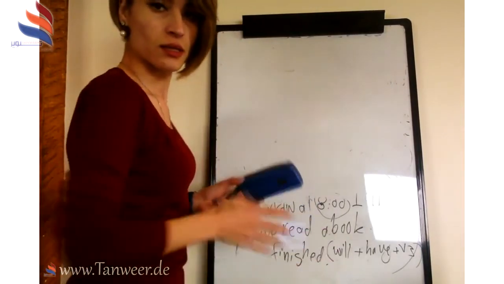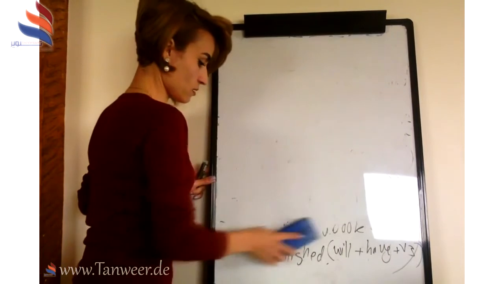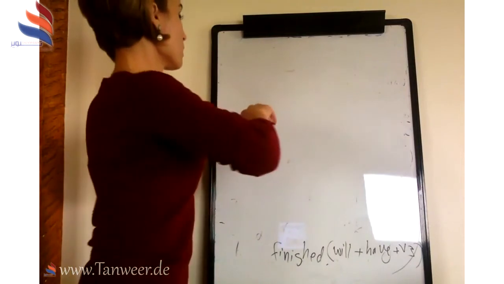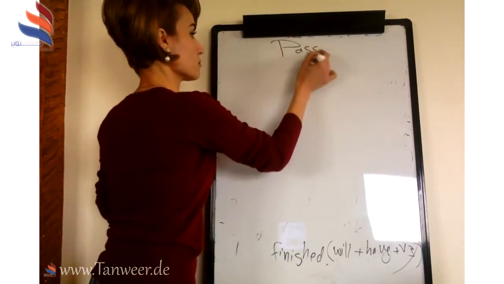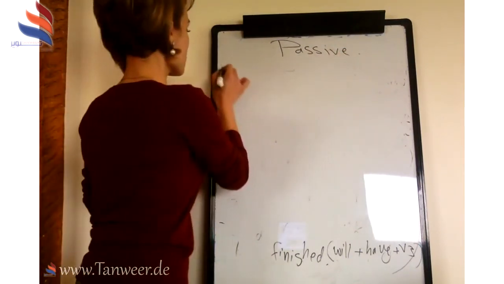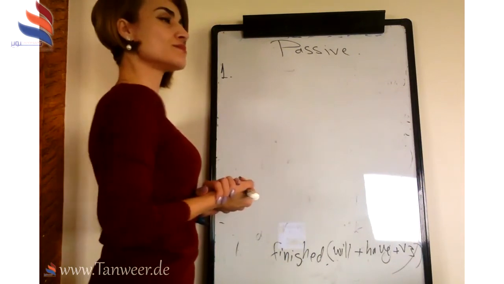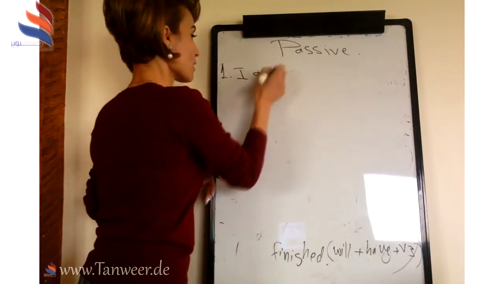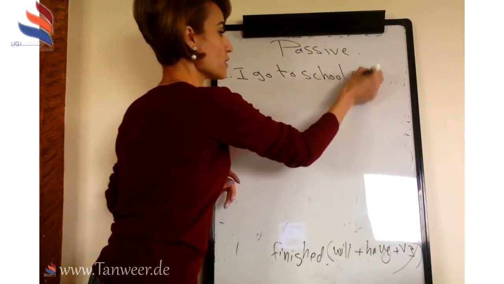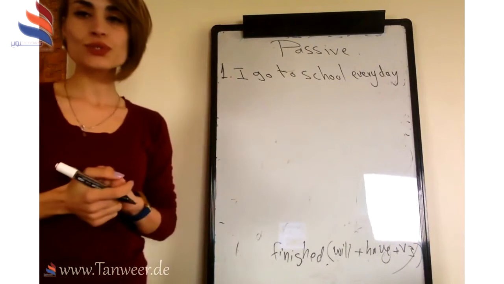Okay. Let's talk now about passive. The first active sentence is: I go to school every day.